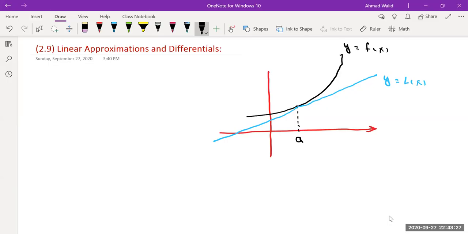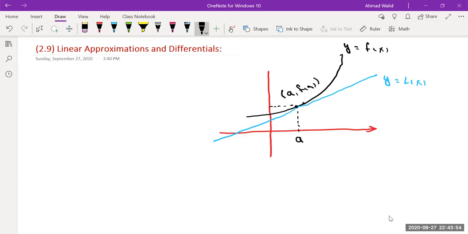What I do with linear approximation, look, it's really easy on this curve to calculate the value at this point. The point will be A and f of A. But if I want to calculate another point, let me use another color, for example, this green.